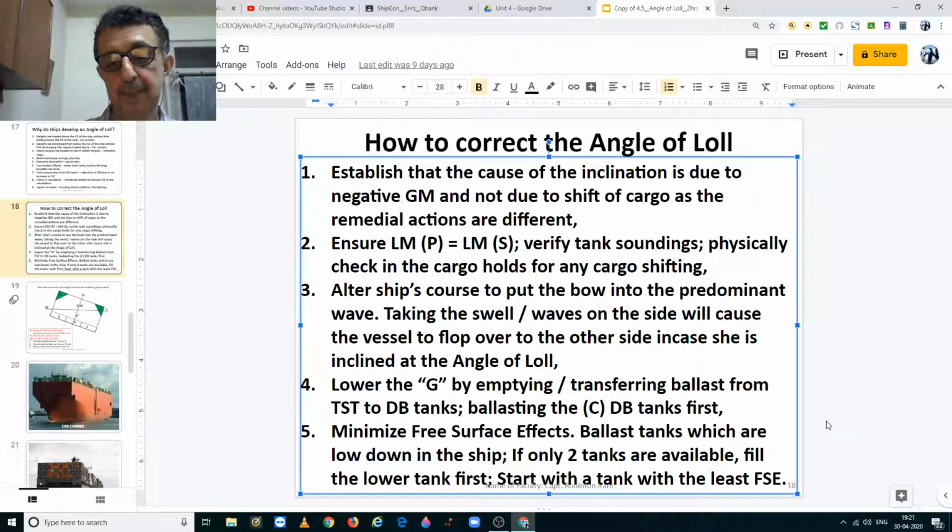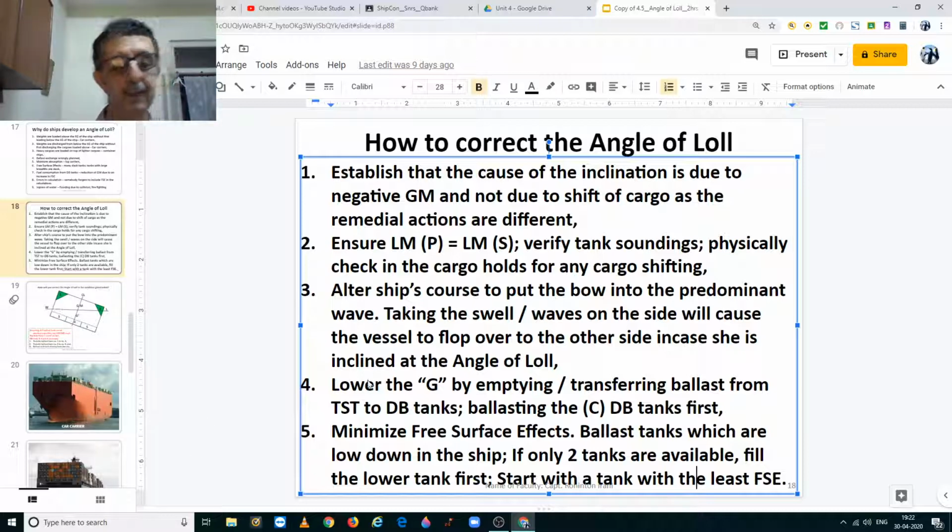Hence, if you ever end up in an angle of loll condition, always start with tanks which have the least free surface effects on the center line first, before you go to the next tanks on the low side.